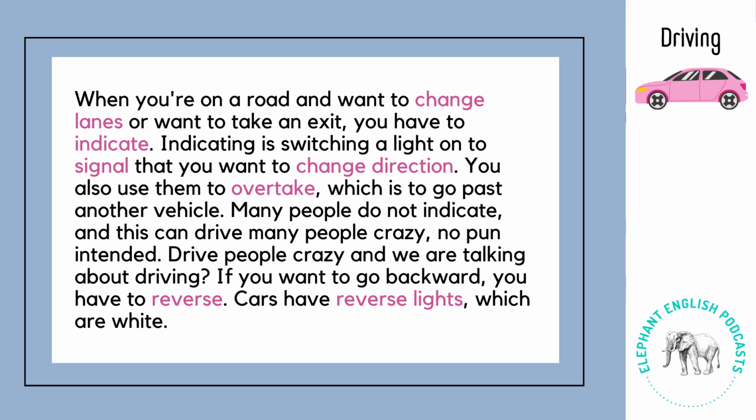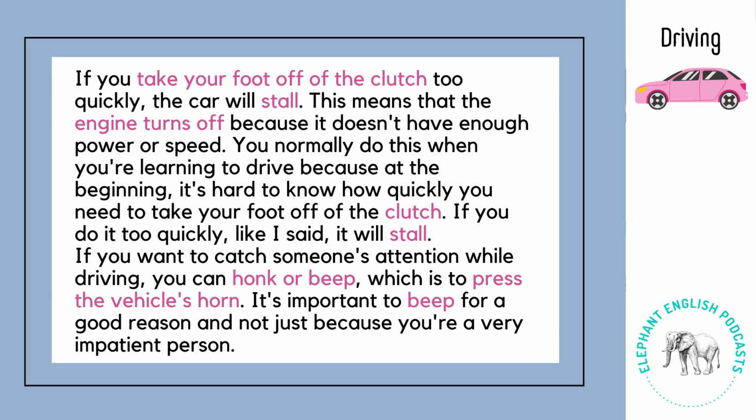Many people do not indicate, and this can drive many people crazy. No pun intended. Drive people crazy, and we're talking about driving? Yeah? Okay. If you want to go backwards, you have to reverse. Cars have reverse lights which are white.